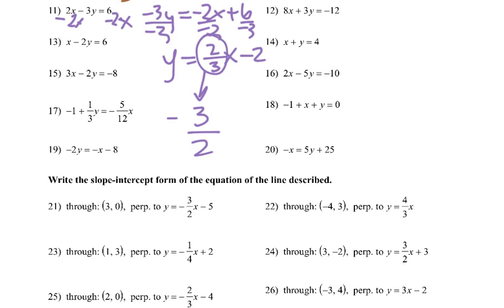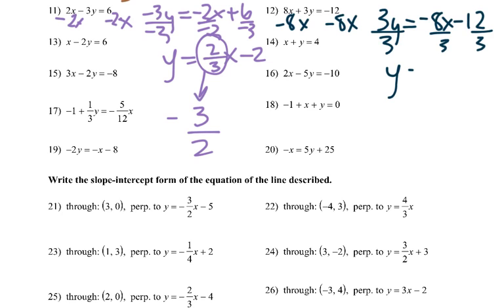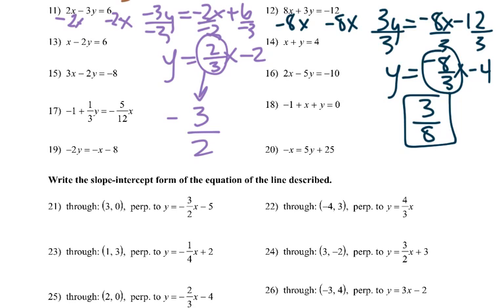And that was 11, not 13. Subtract an 8x, so we get 3y equals -8x minus 12. Divide everything by 3. We get y equals -8/3 x minus 4. So its slope is 8/3 to the negative, so mine's a positive 3/8 for perpendicular slope.